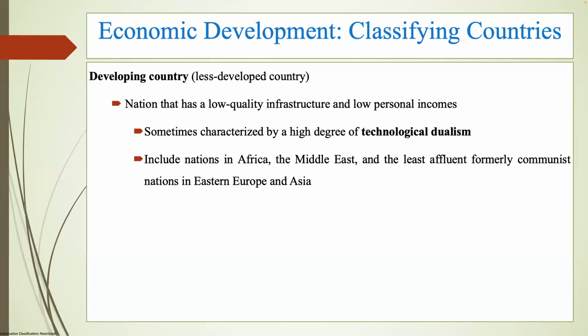By contrast, advanced countries typically incorporate the latest technological innovations in all manufacturing sectors. So the developing countries are the nations in Africa, the Middle East, and the least affluent formerly communist nations in Eastern Europe and Asia.